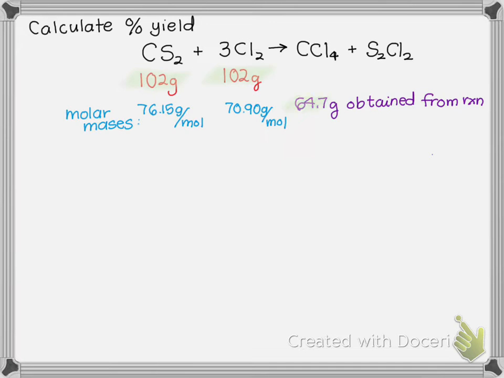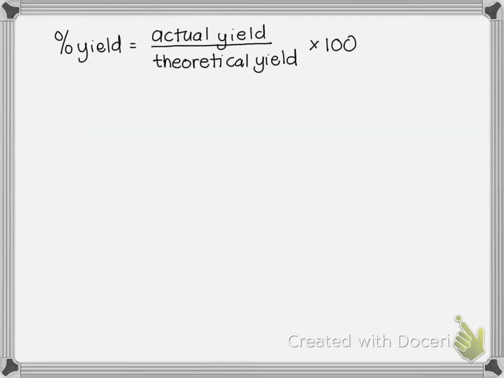And I was also given the amount of the product CCl4 that was obtained in the reaction. This number here is the actual yield. So the 64.7 goes in the top here.